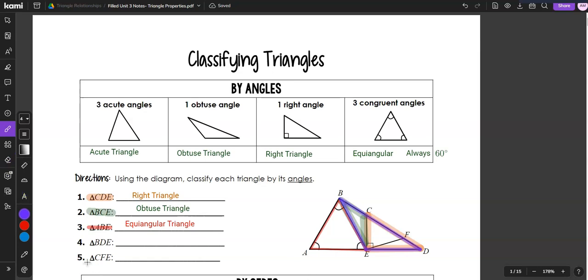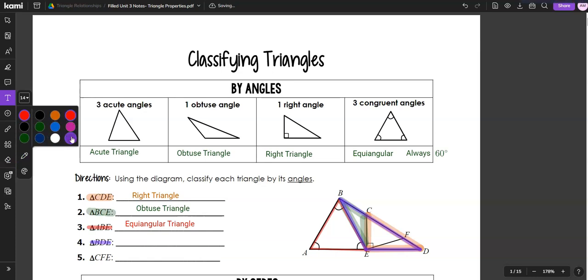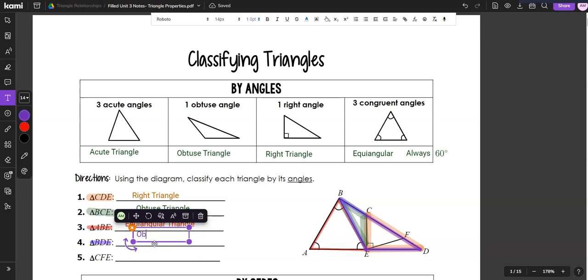All right. Next is triangle BDE. And again, we don't have to measure this one because they gave us a 90-degree marking right here. We can see it is bigger than 90 degrees. So we know that this is also an obtuse triangle.